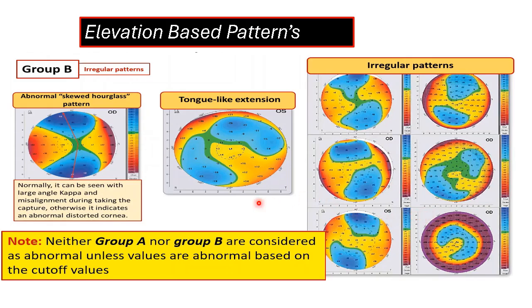So this indicates that there is an abnormality, but we cannot take a final decision just by looking at the shape. We have to look at the cutoff values and compare with them so that, on solid ground, we can say that there is abnormality or there is no abnormality.